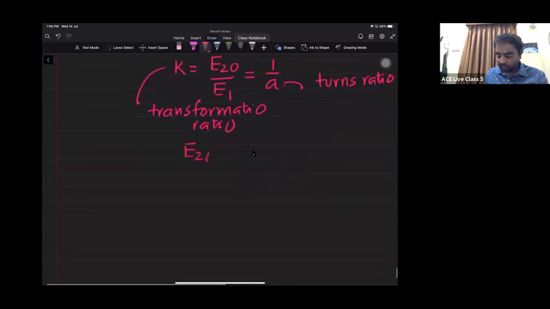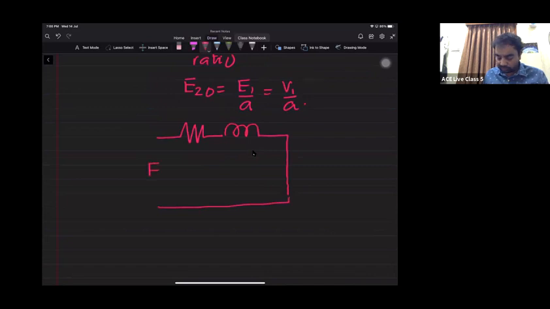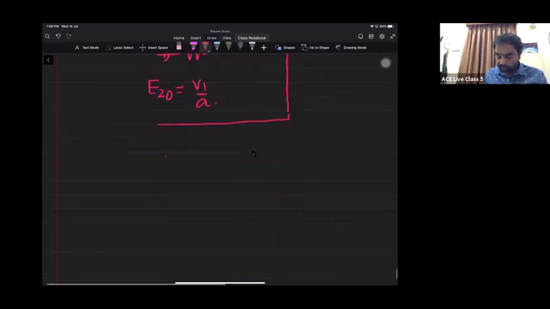E2 naught is equal to E1 by A, that is equal to V1 by A. Then I'll draw the equivalent circuit. What is the equivalent circuit when there is no stator? Then what is the equation for I2?